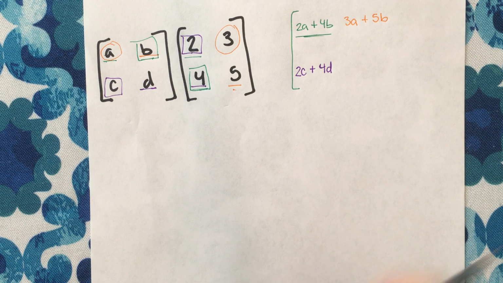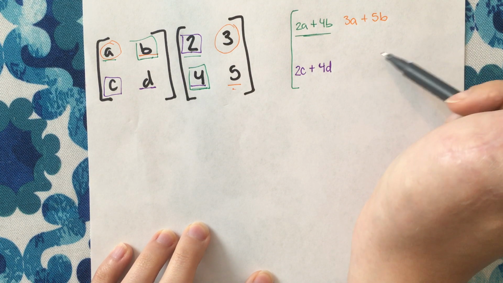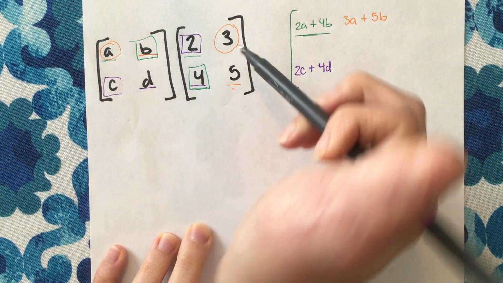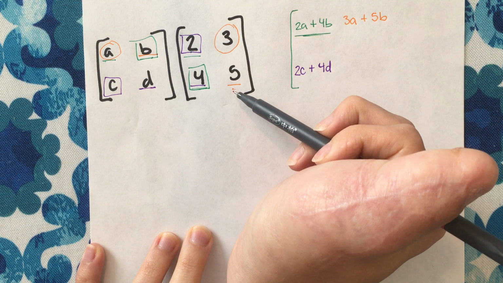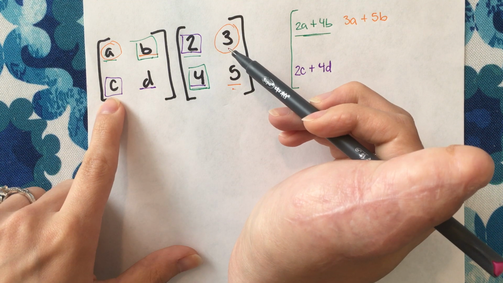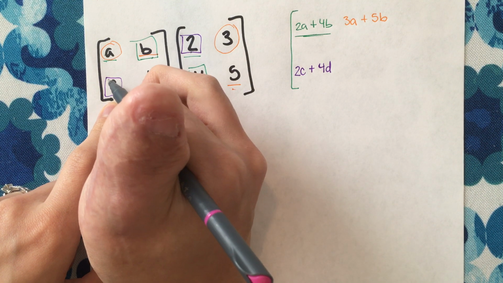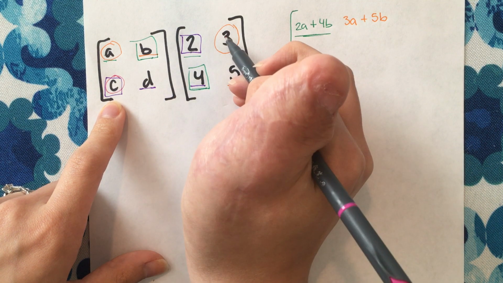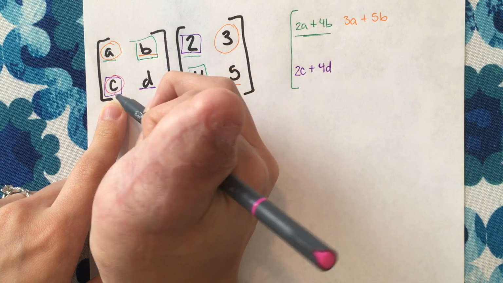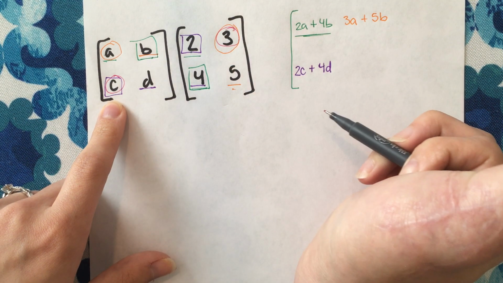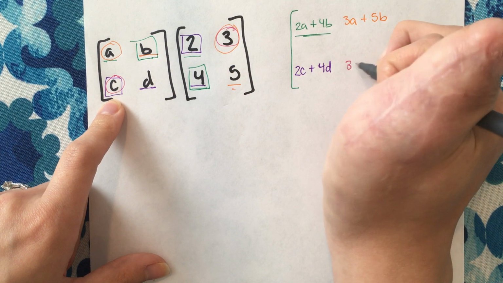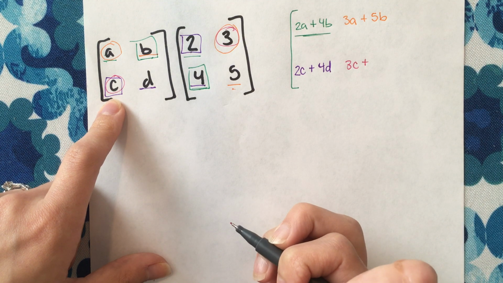Lastly, let's look at the A22 element. So I'm going to be looking at this second row and this second column. So first we're going to do the first element in the row and the column. So we're going to do C, probably should have done a circle, oh well. C times 3, so that'd be 3C plus.